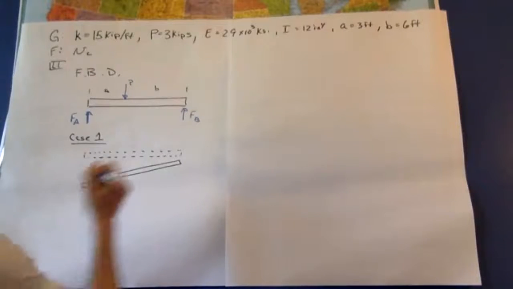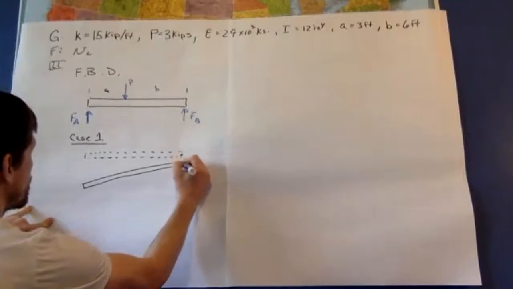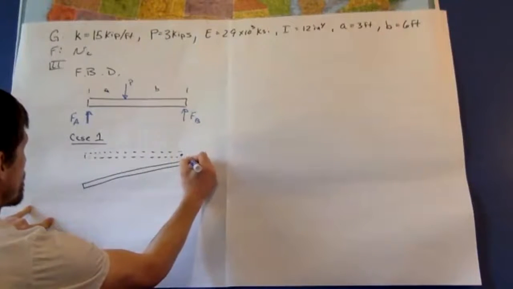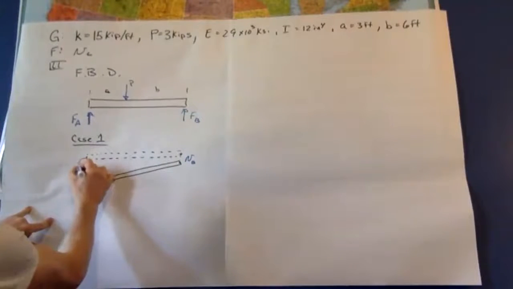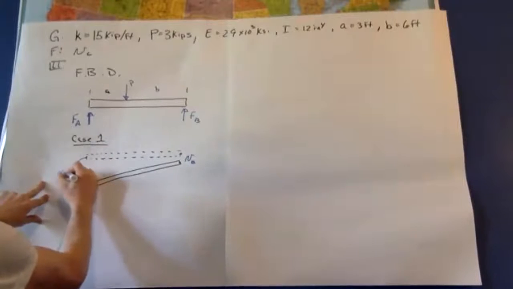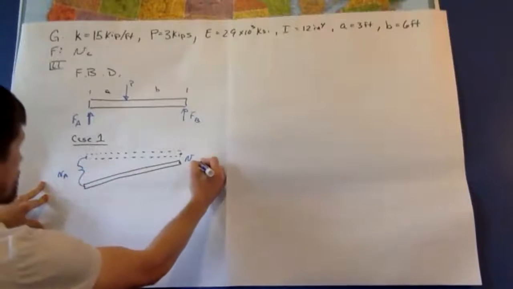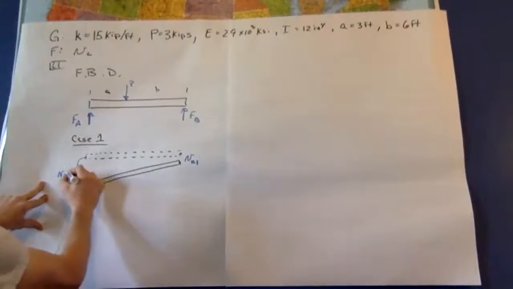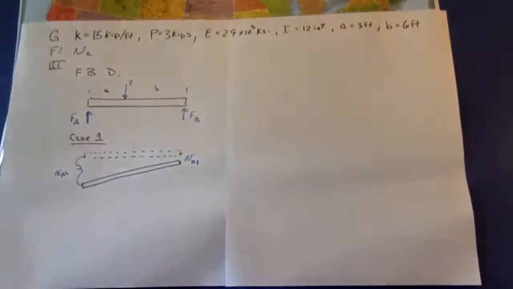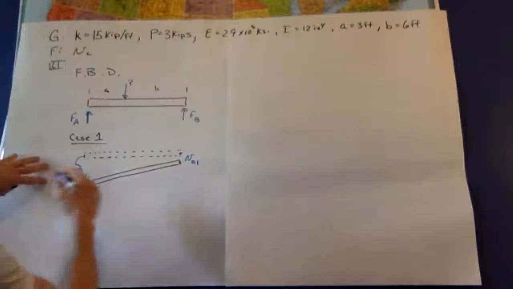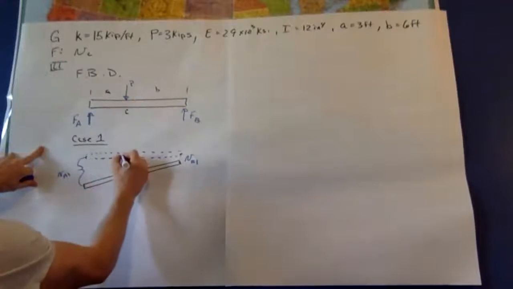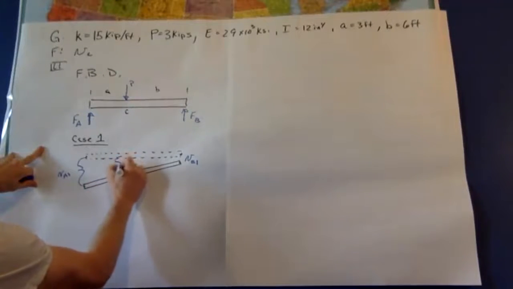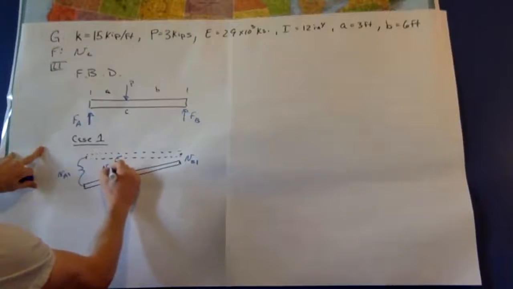On one end, from here to here, we have the displacement at B. From here to here, we have the displacement at A. I'm going to put displacement at B1 for case 1 and the displacement at A1 for case 1. What I also did was this point C up here, it also displaced. And I put that as VC1.